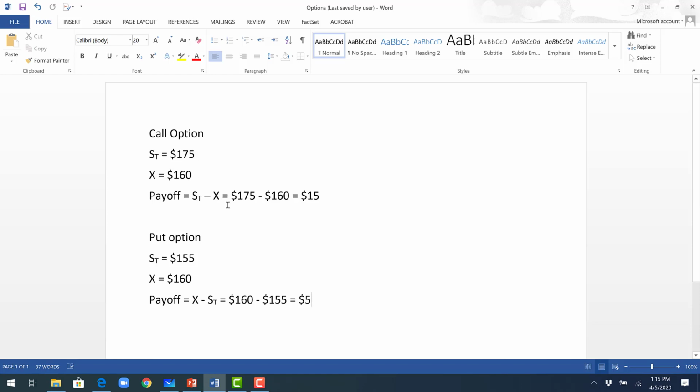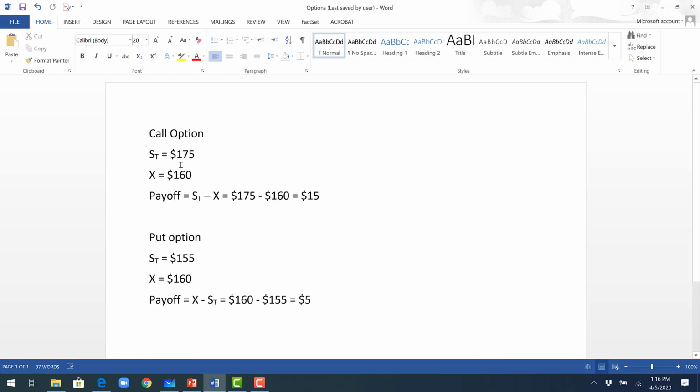Again, remember, this is not profit. The premium is not subtracted here. This is just the payoff. So ST minus X, right? This is $15. So we have already done this calculation before. What if the stock price is below 160, or 160 or lower? Well, then the option would not be exercised and the payoff would be 0.